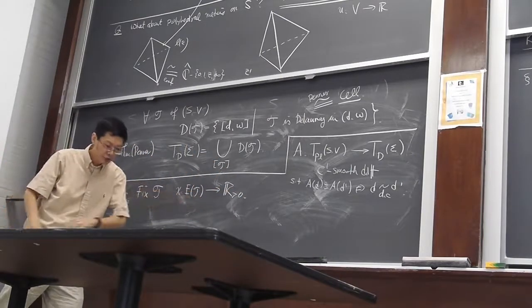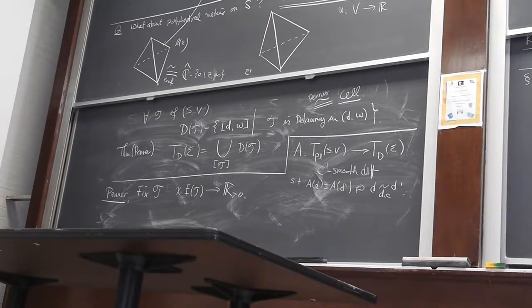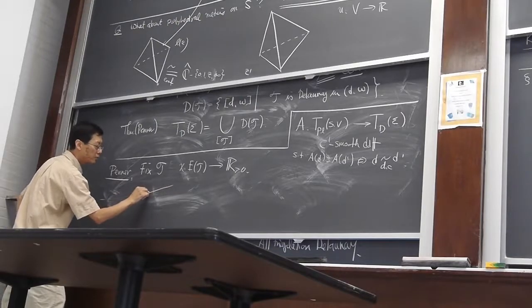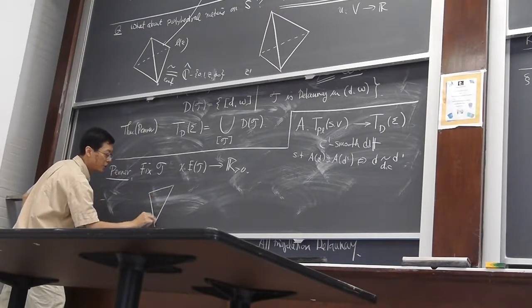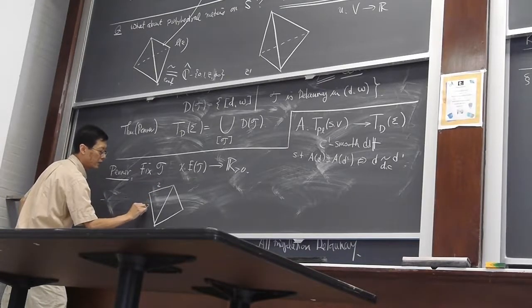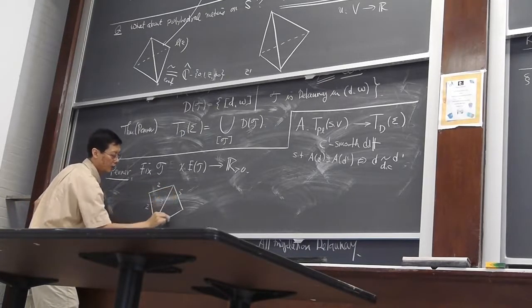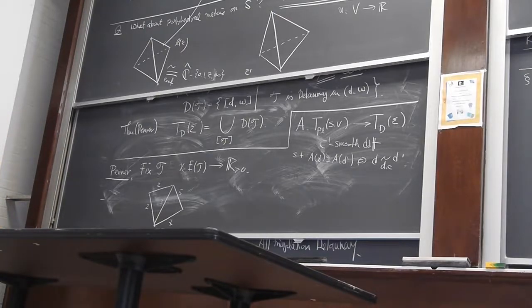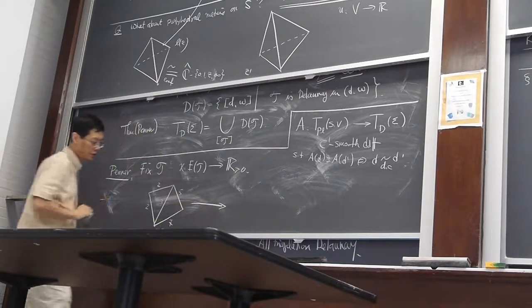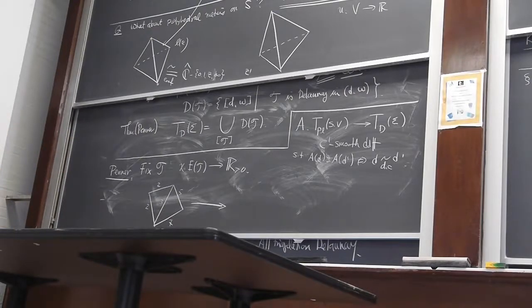And from that, he's going to produce a decorated hyperbolic metric as follows. So I'm going to just draw the picture. So here is a topological triangulation of your surface, and we assign positive numbers to every edge. And now I'm going to turn this assignment into a decorated hyperbolic metric as follows.